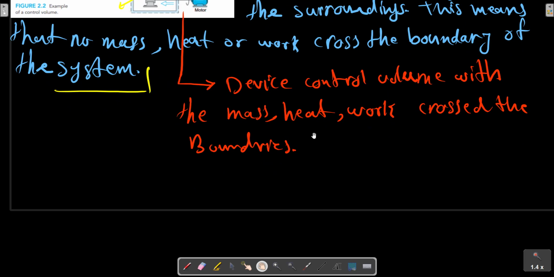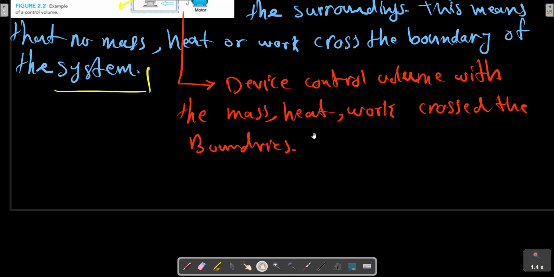Thus, the more general control surface, the surface of this control volume, is the control surface, which may be crossed by mass, momentum, as well as heat or work. Thus, the more general control surface defines a control volume where mass may flow in or out.